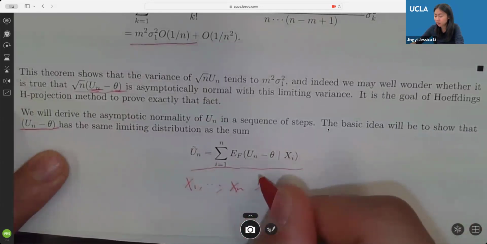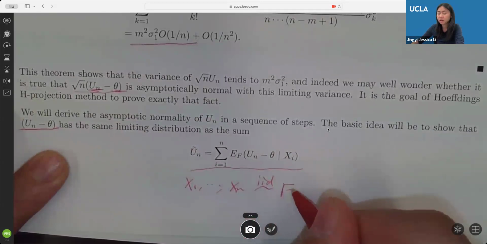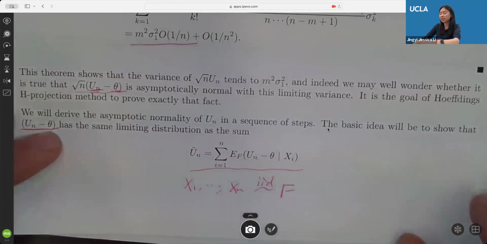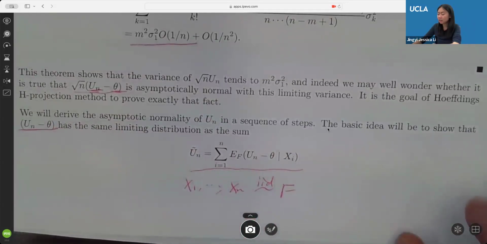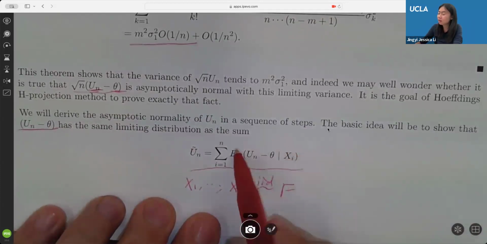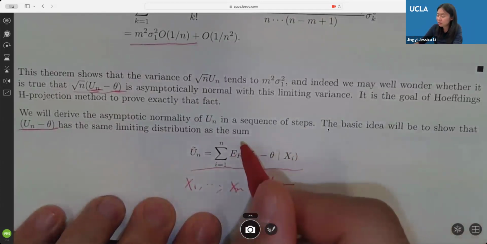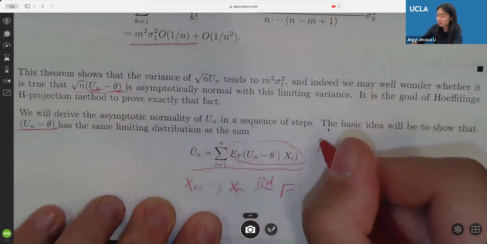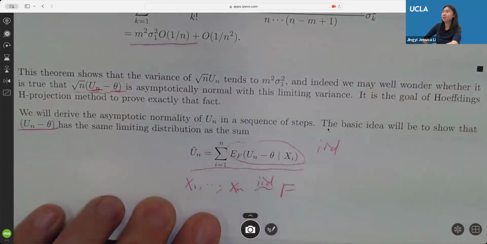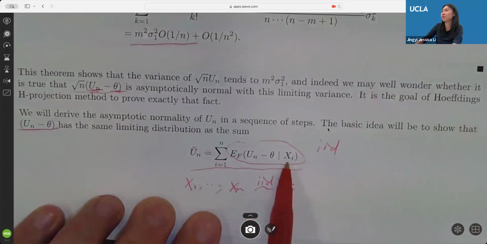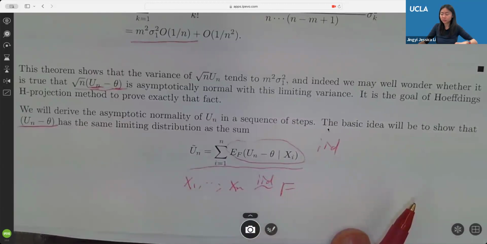As I said, here we want to leverage the central limit theorem. So by conditioning on each Xi, these conditional expectations are IID. Because a conditional expectation is a random variable just because of its condition. Since X1 to Xn are IID, these are IID.